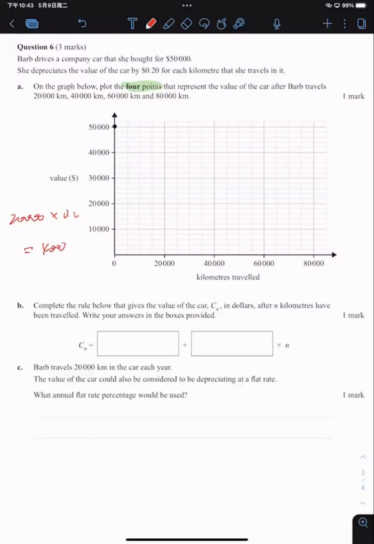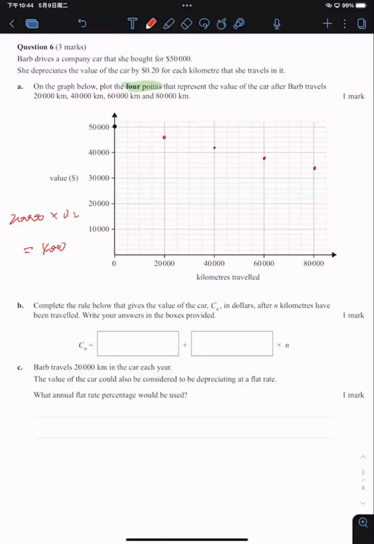So every time you drop $4,000 from the initial 50,000. The first one you plot would be 46,000. And then the next one is 42,000. And then 38,000. And then 36,000. Just these 4 dots, okay?